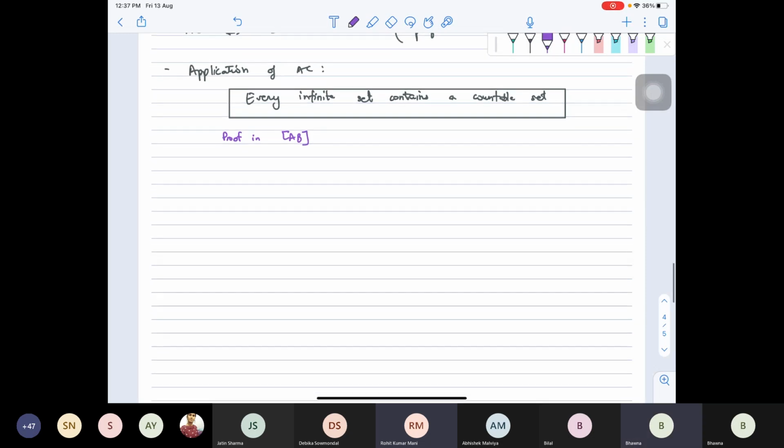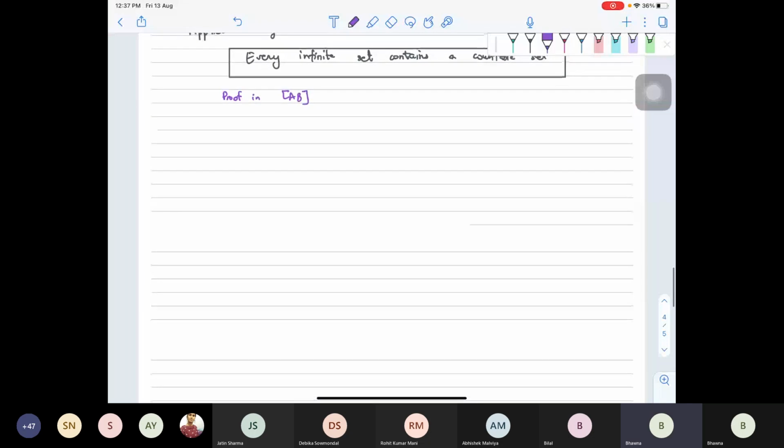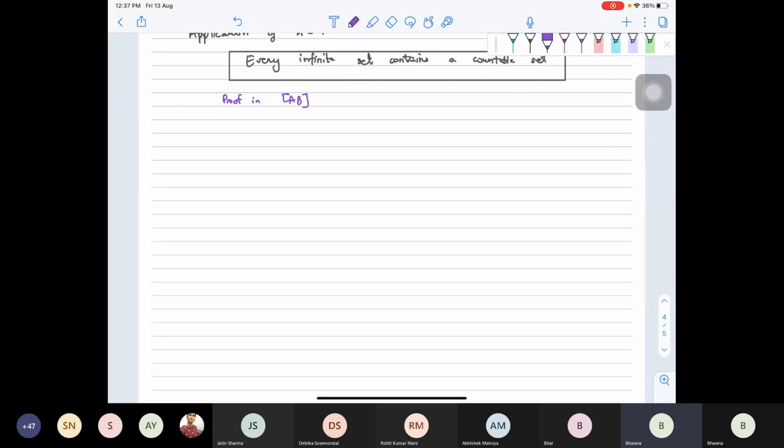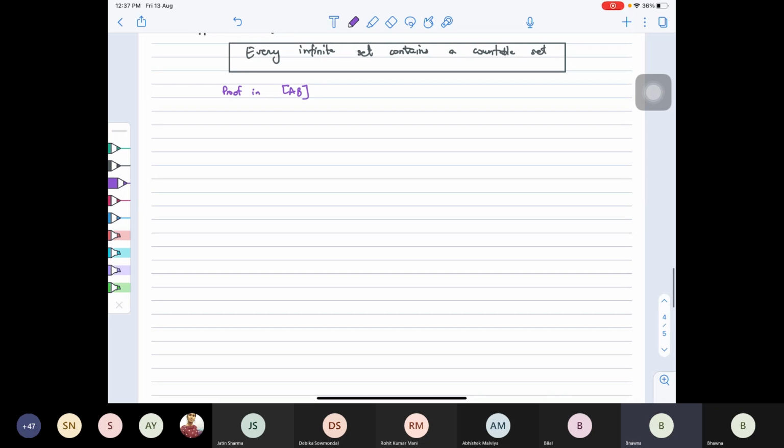So first of all, you see this statement: every infinite set contains a countable set. Now I'll tell you the proof which is there in the book. Suppose X is an infinite set.